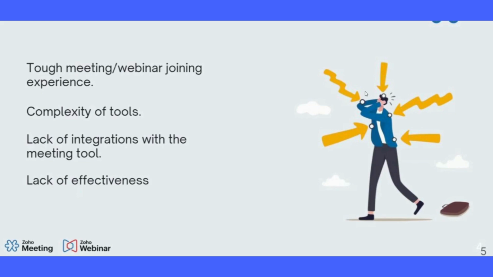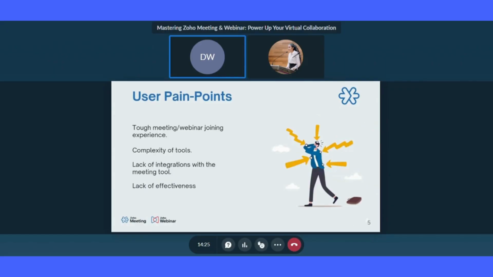These kinds of pain points are quite common when it comes to meeting tools. These pain points make the meeting experience quite chaotic, and it's quite tough for a normal level end user to join a meeting and then work on a meeting.